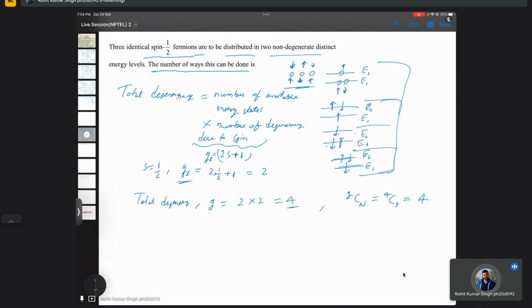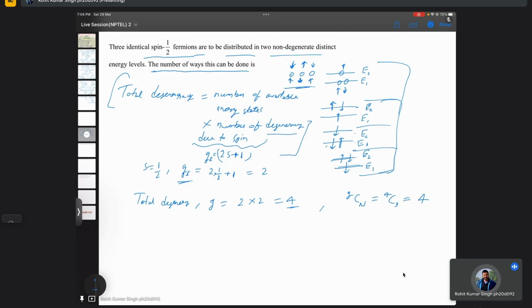So just remember this formula. Total degeneracy is always equal to the number of available energy states times the degeneracy due to spin, or this degeneracy could be due to other reasons also; spin is one case here. Degeneracies can be introduced by other processes.